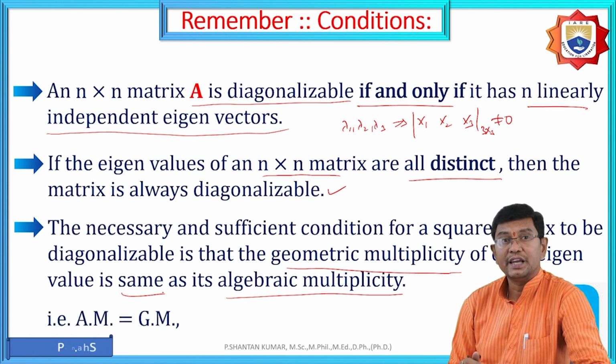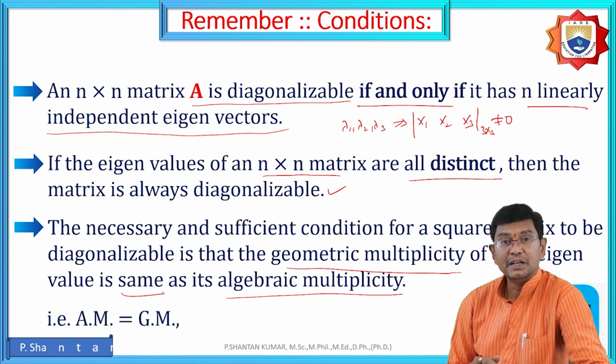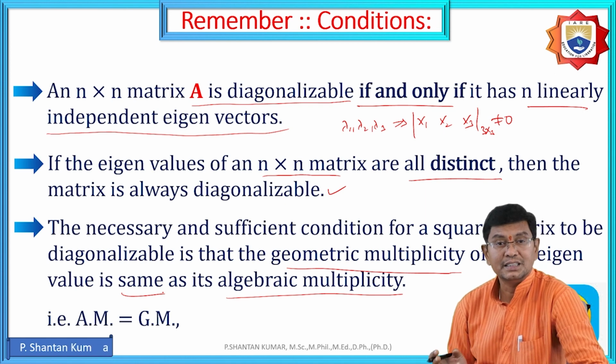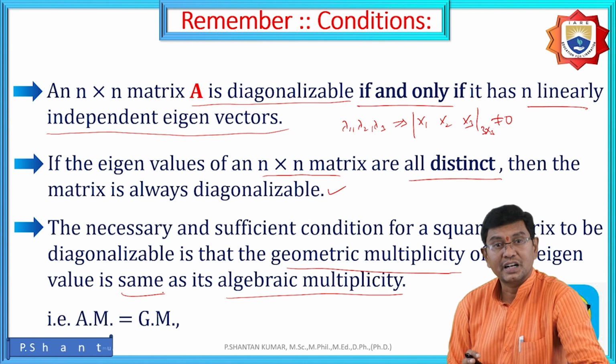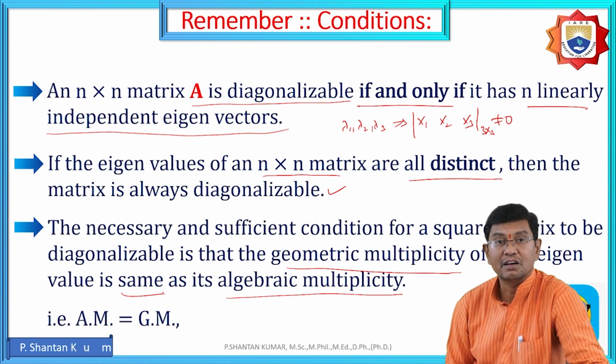That is the meaning of AM equal to GM: algebraic multiplicity equal to geometric multiplicity.